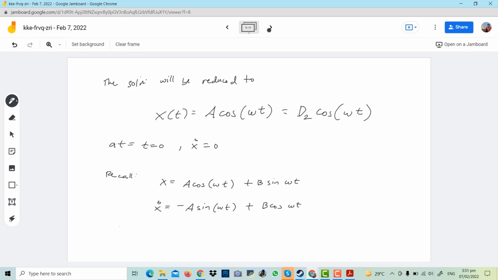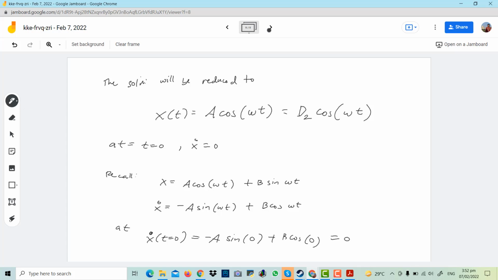So at time equals 0, the velocity is equal to minus a sine of omega times 0, which is 0, sine of 0, plus b cosine of 0, which is equal to 0.